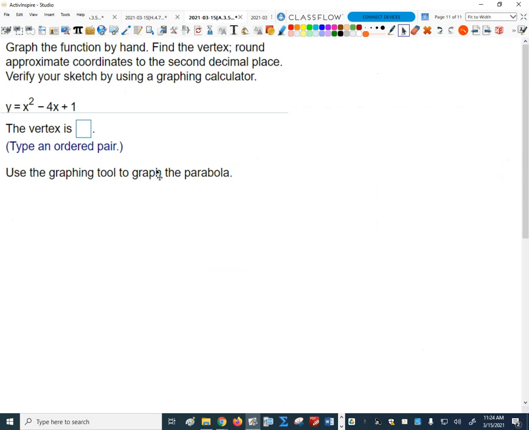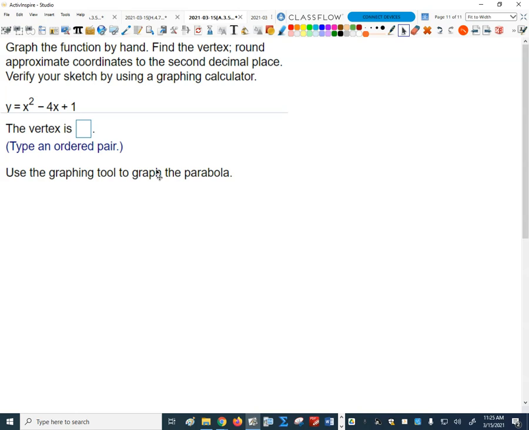Vertex or standard? Give me a V or an S, please. Okay, good. That's standard form. Good. Real quick, everybody type out what is standard form. So y equals ax squared.